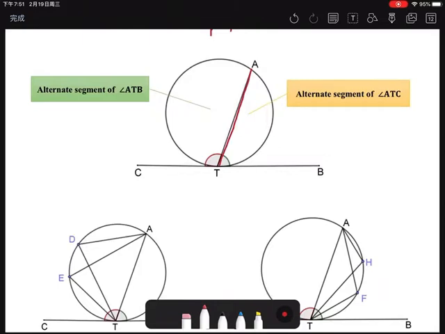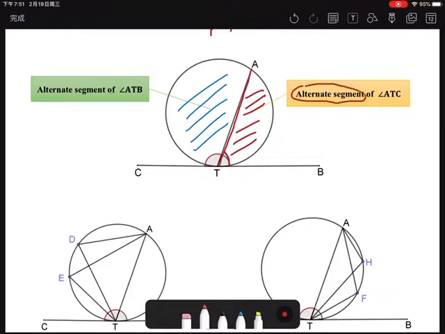Another concept: here you see that chord AT separates the circle into two parts, and this is a segment, and this is also a segment. We have another name for the two segments. For the red one, this segment is called the alternate segment of angle ACT.